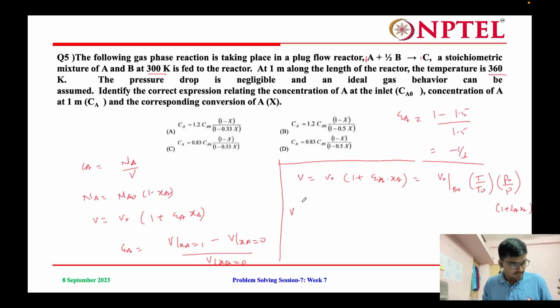So V is equal to V_0 times 360 by 300 times (1 minus 0.33 X_A).